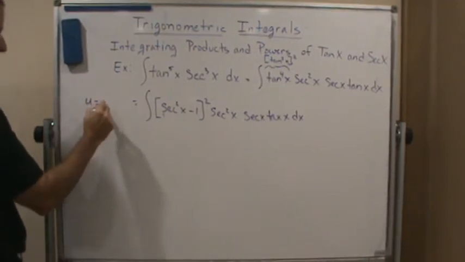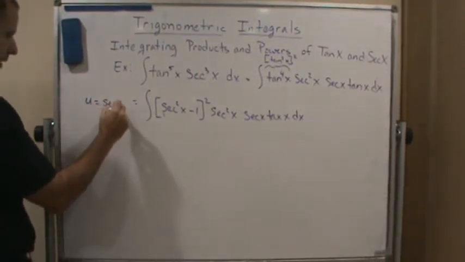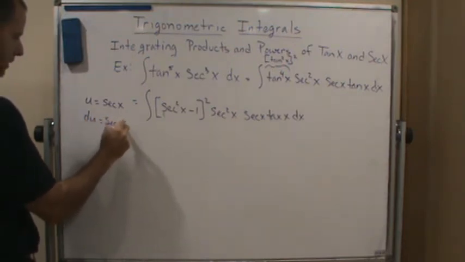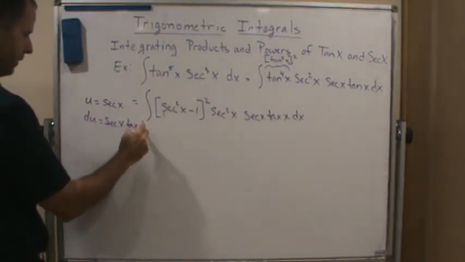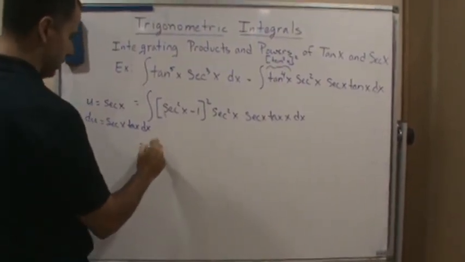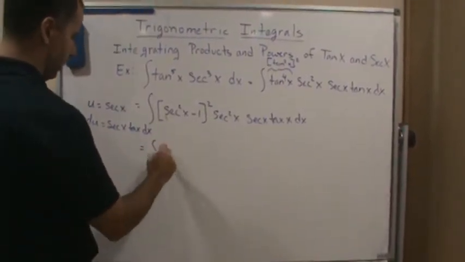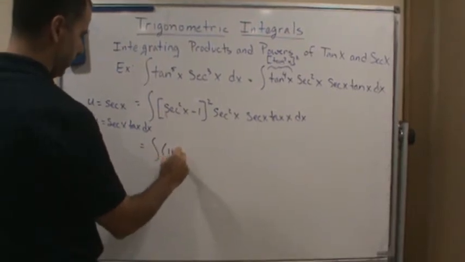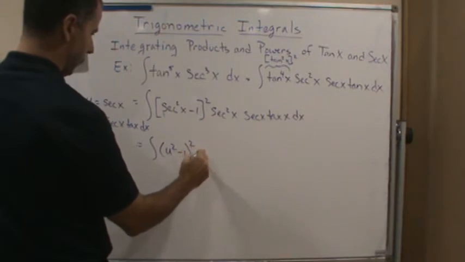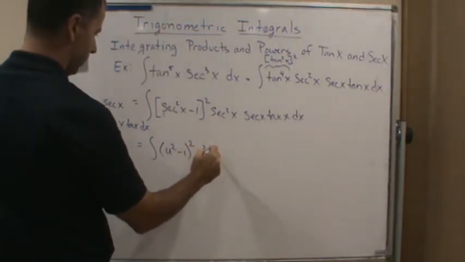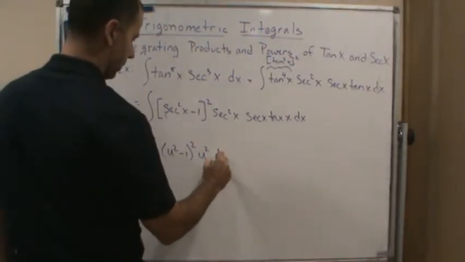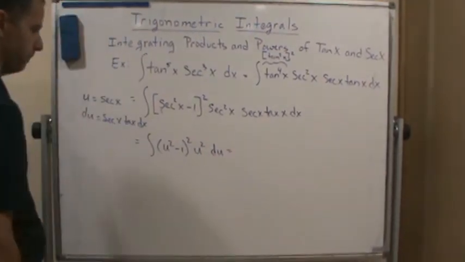So u is equal to secant x, and then du is equal to secant x tangent x dx. And now this becomes the integral of u squared minus 1 squared times u squared du.